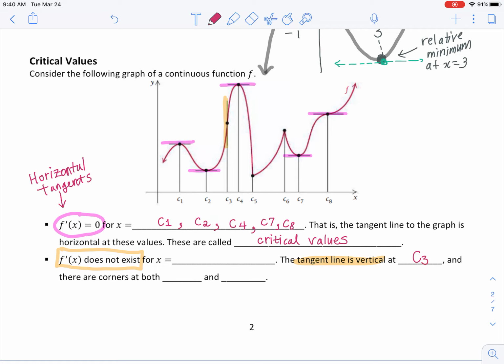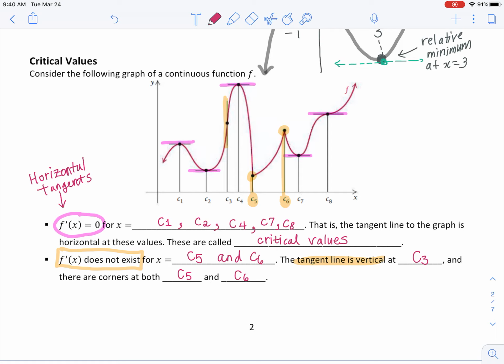And where else do we not have a derivative? Whenever we have sharp corners, right? I have a sharp corner right here at C5, and I have another sharp corner at C6. So we don't have derivatives at C5 and C6, and the tangent line is vertical at C3.